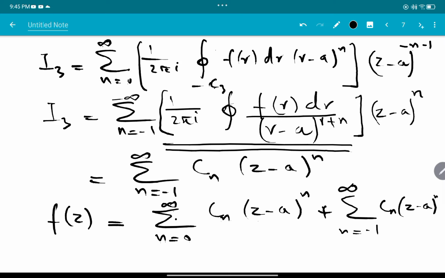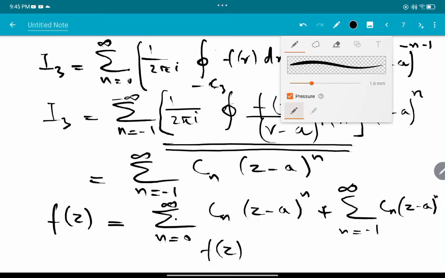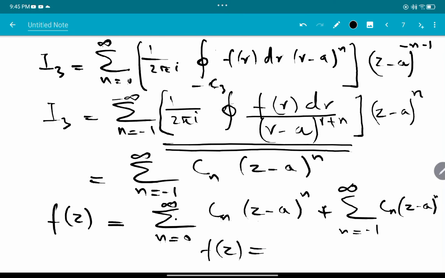I have this space here. F(z) is equal to the sum from n equals minus infinity to plus infinity of Cn (z minus a) raised to n.